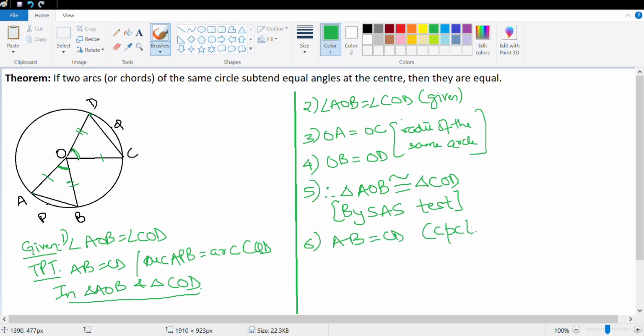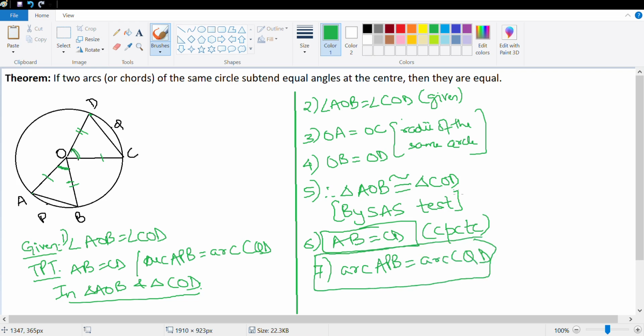This is CPCTC, and we just said in the previous one that equal chords have equal arcs. So in this case, equal chords will have equal arcs. Good. The proof of this is in your syllabus, which you should clearly know. And this also means that arc APB is equal to arc CQD. One and the same thing. Number 6 and number 7 are exactly the same.